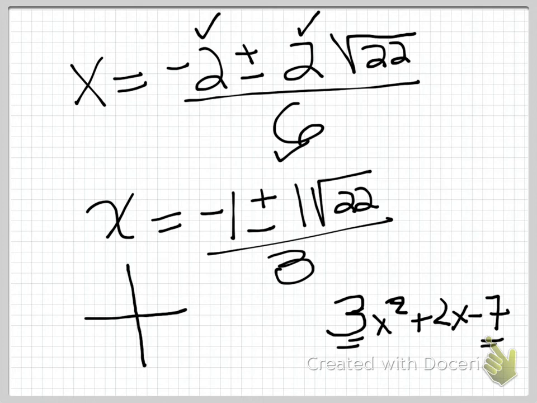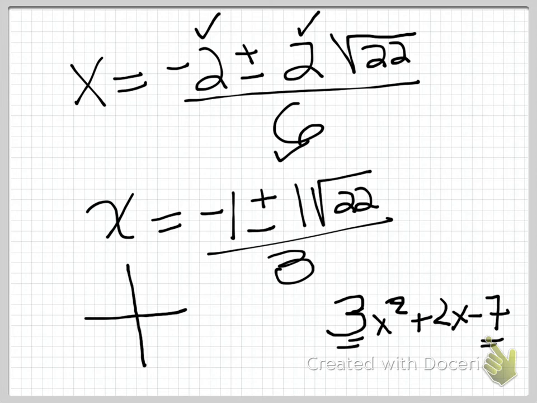I can also get a sense for a whereabout this is going to cross my x-axis simply by saying, well, what is the square root of 22 about? It's somewhere close to 5. And here it's okay to put this in your calculator just for an estimate.